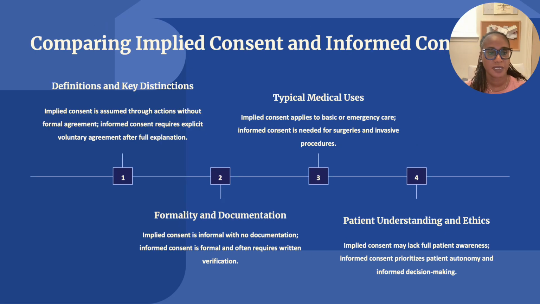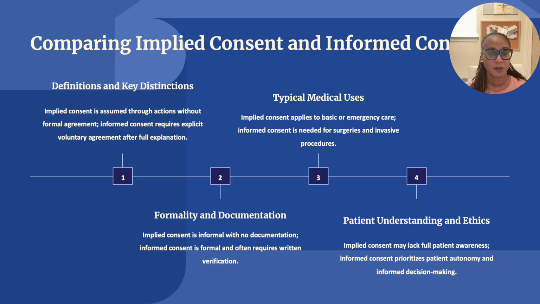Comparing implied consent and informed consent. Implied consent is assumed through action without formal agreement. Informed consent requires explicit voluntary agreement after full explanation. When it comes to formality and documentation, implied consent is informal with no documentation, and informed consent is formal and often requires written verification.